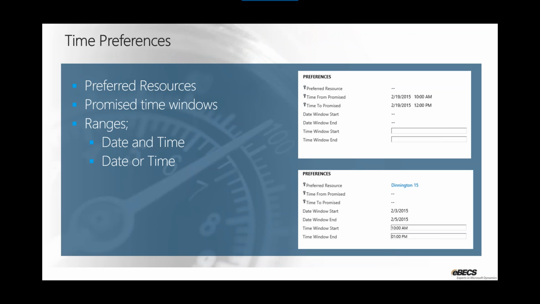It could be driven by the SLA on the case, or by manual entry or time preferences of the customer, where we can put in information like the preferred resource, date and time windows, or just clear date windows and time windows that the job has to be done. If the schedule assistant or the auto router is run, it's going to be looking at what we call a constraint. That would be a constraint that it has to get a job in at that time.